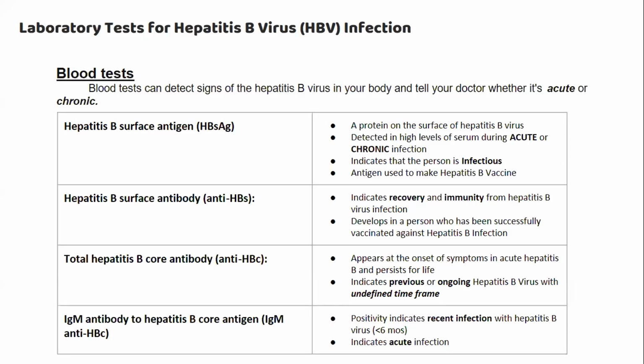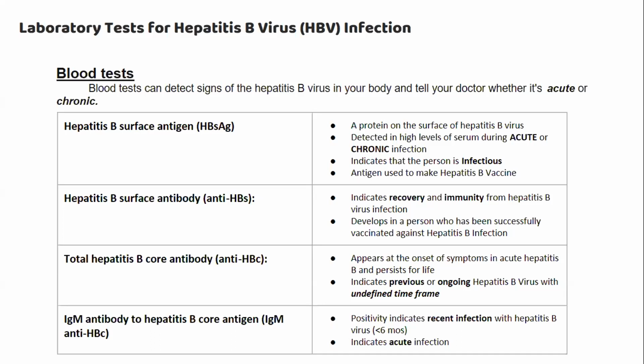So the reason why a person is protected is because the person is successfully recovering from a past hepatitis B infection, or he or she received the hepatitis B vaccine. So that means you are not infected and you cannot spread the hepatitis B to others.